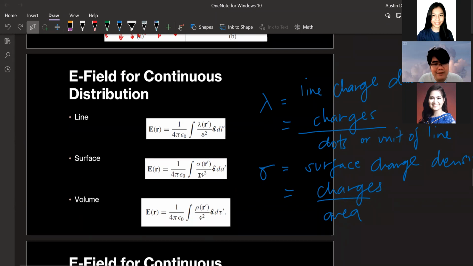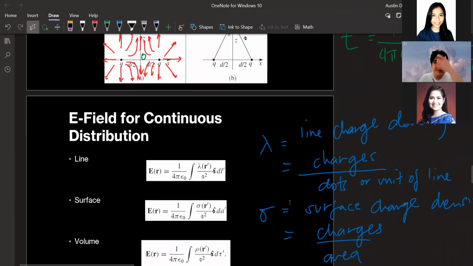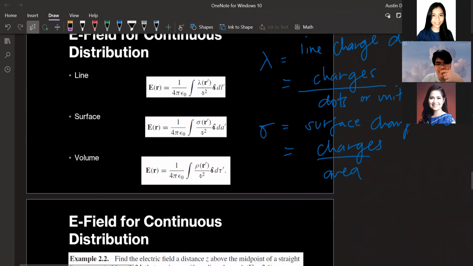Okay. Now, minsan kasi sa problem, yung line charge density mo, yung mga charge densities mo, they vary over space. Okay? So, they are written here as functions of R prime kung nasaan yung mga charges mo. Okay? Yung R, yung mga prime coordinates natin is yung, again, kung nasaan yung position ng mga charges mo. Okay?